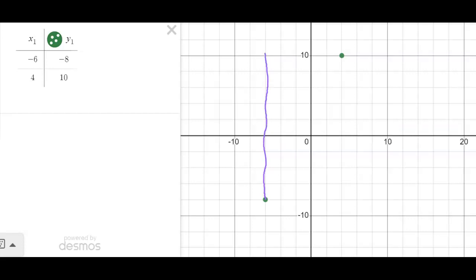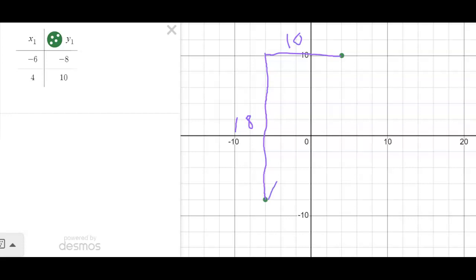Between these 2 points, your rise goes from negative 8 to 0, which is 8, and then from 0 to 10. So you have a rise of 18. And you have a run here from this x value to this x value. It goes from negative 6 to 0, which is 6 steps, and then 0 to 4. So this is 10.